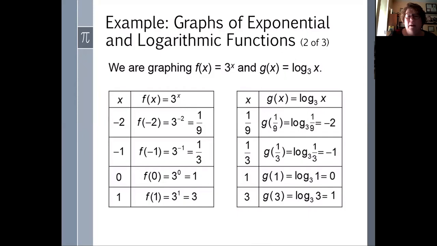And if you look at the range or the outputs of my exponential function, 1/9, 1/3, 1, and 3, those are the inputs of my logarithmic function, because that's what inverses do. They interchange domain and range. They interchange the x and y's. All right, let's see if we can plot these now.